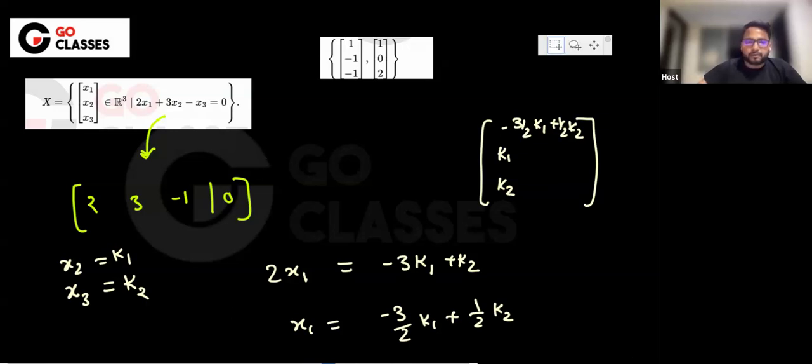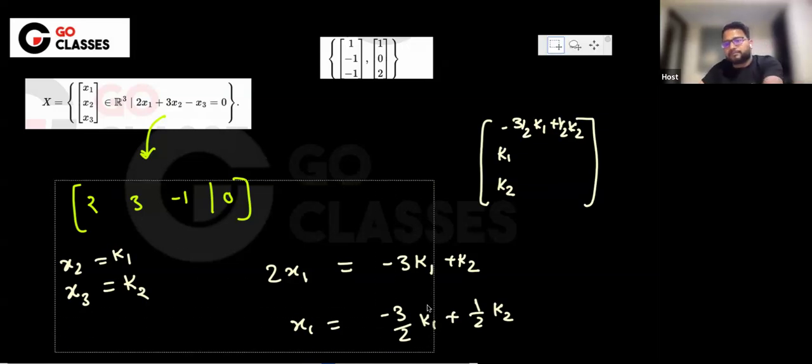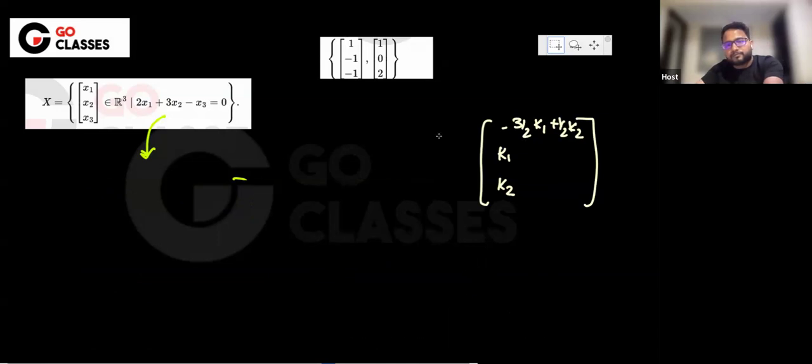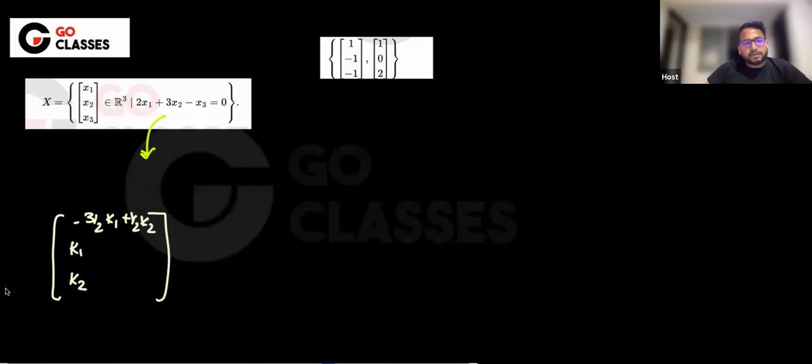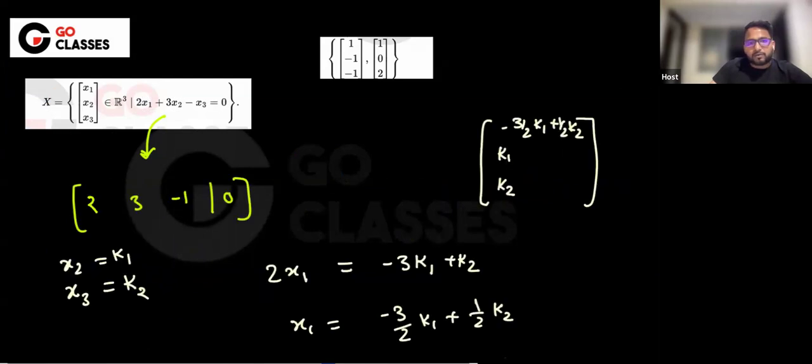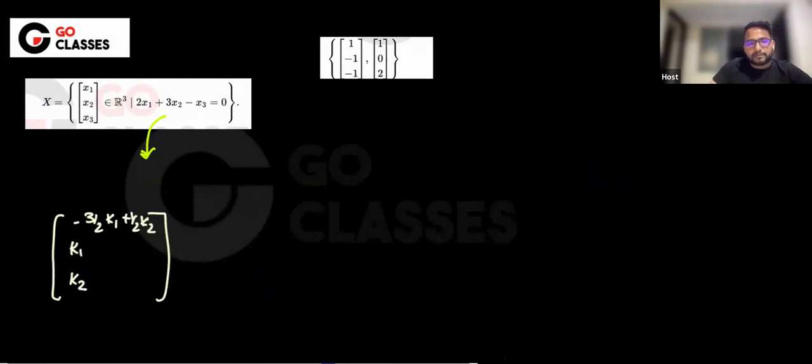Now let's write this particular vector. Basically, you can say that the vectors here will look like this only, isn't it? Or if you want, you can take x1 as k1 and x2 as k2.